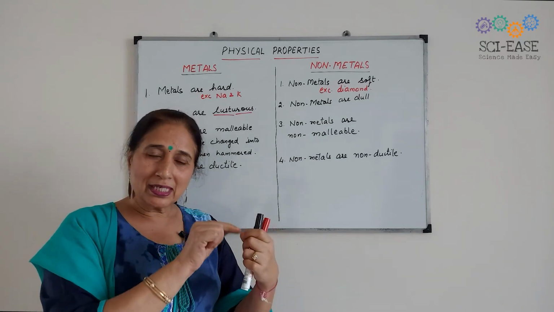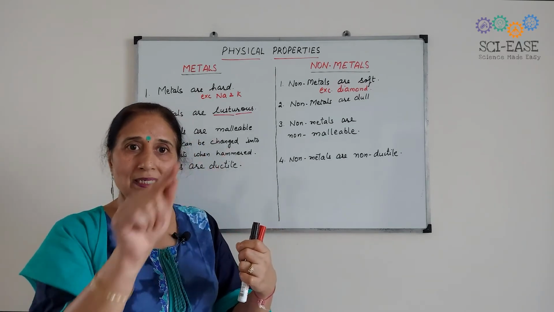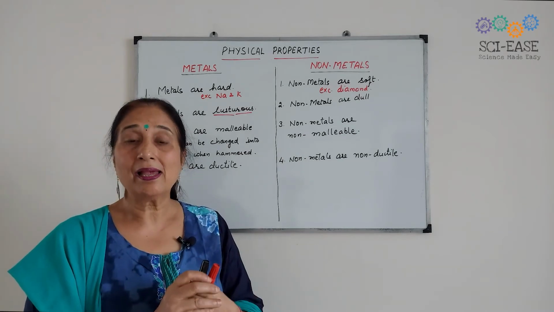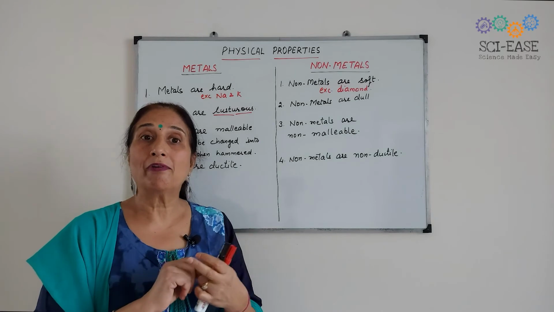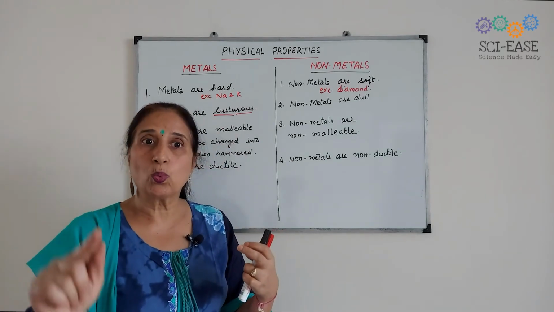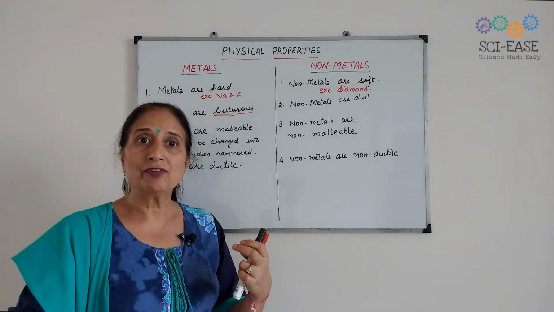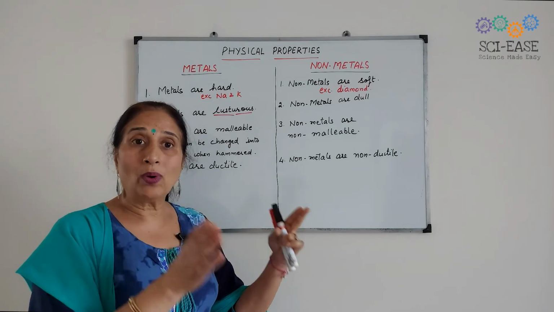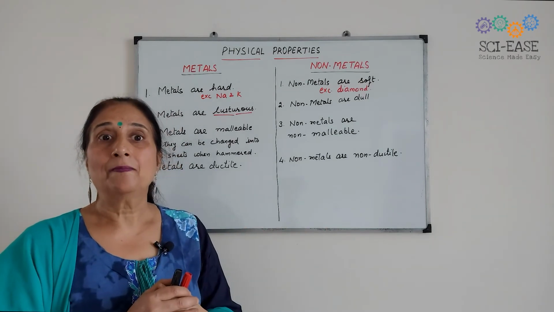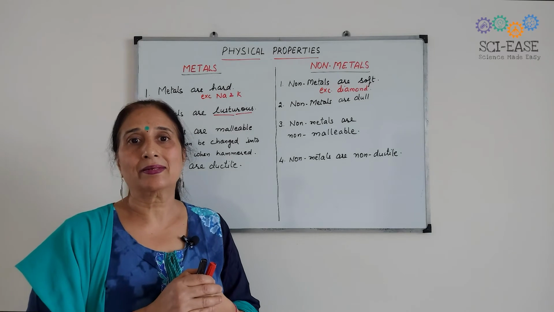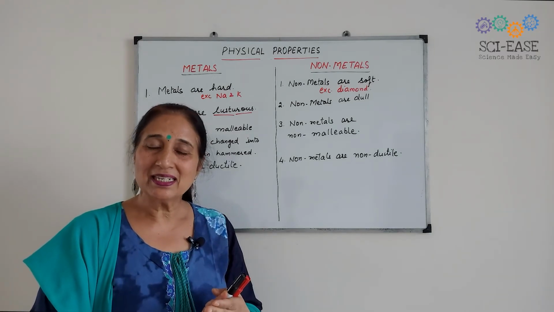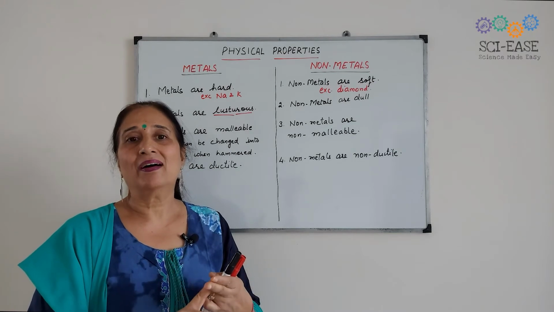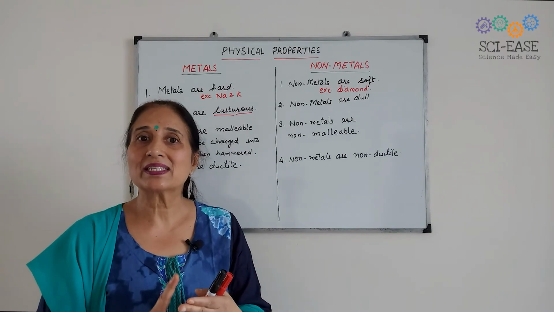When the circuit is complete, you will see that the bulb will glow. Why? Because the wire is made up of metal, which will conduct electricity.